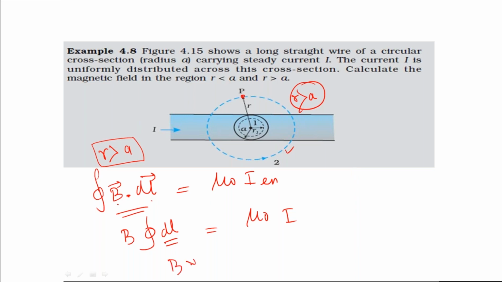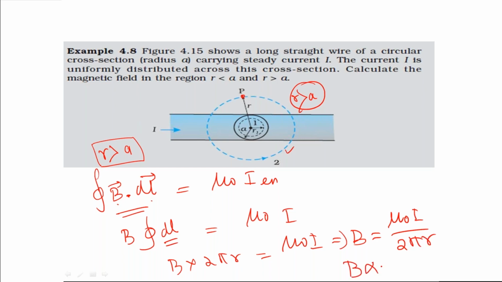This side I can write as B into 2 pi R, which is very simple, and this side is mu naught I. So this implies B equals mu naught I divided by 2 pi R. Very nice.